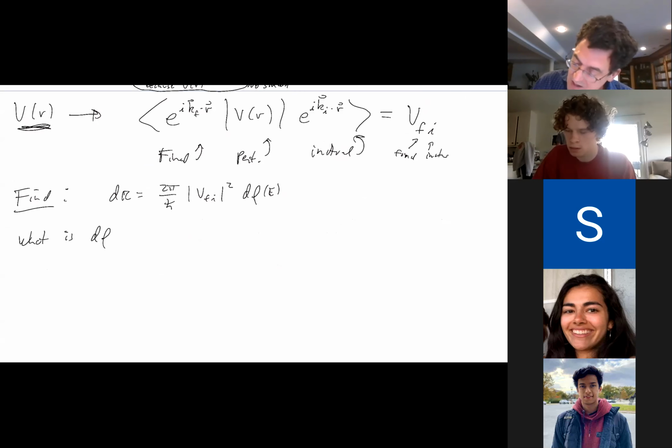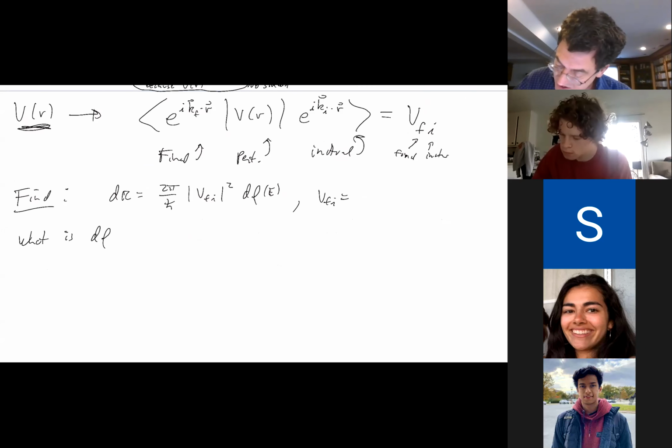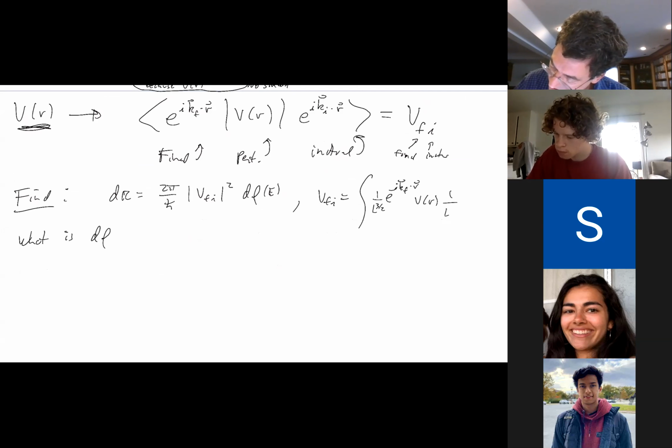That's the hard part, because the matrix element is well defined. It's just going to be this integral of 1 over L to the 3/2 e to the minus i k_f dot r, times V of r, times 1 over L to the 3/2 e to the i k_initial dot r, d cubed r.